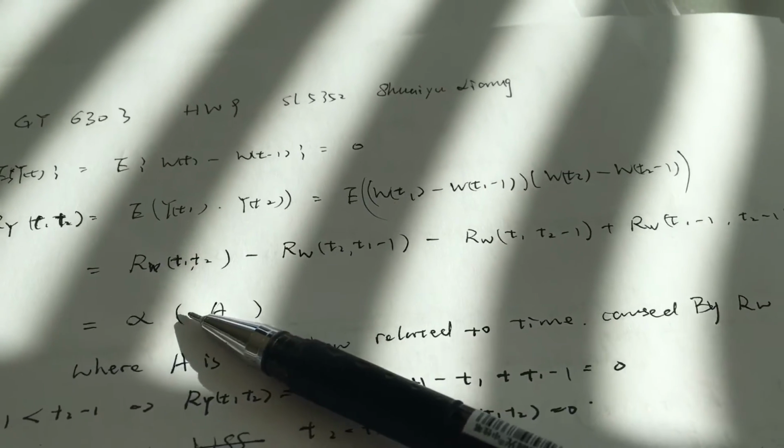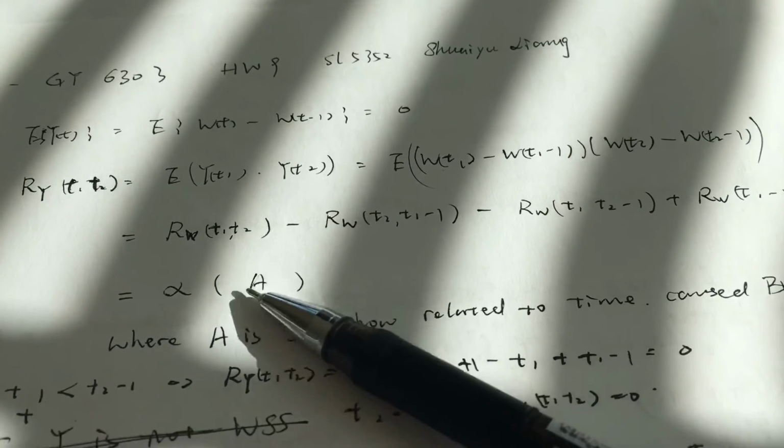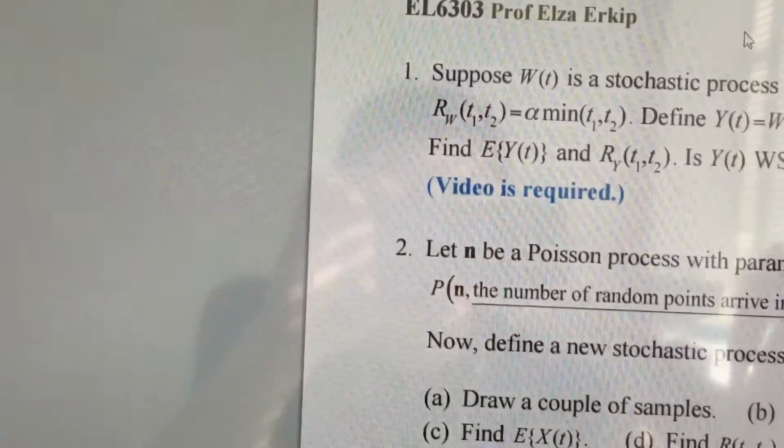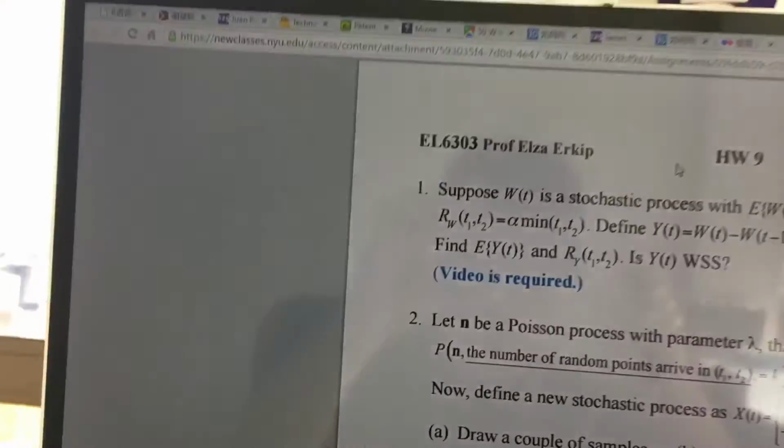So it's alpha times a, which alpha is the one we extracted from here, added with some minimum value of t1 and t2.